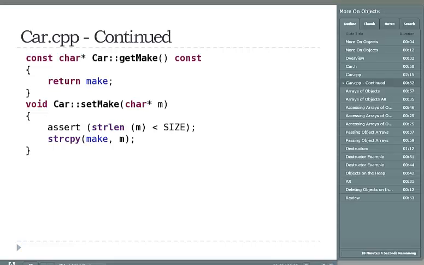As with most get functions, it's a simple return statement for getMake, which returns the make of the car. The set function checks that the length of the passed-in string is less than the maximum size, and then copies the string into make. Accessor functions, or get and set methods, are usually very simple, as in this example.